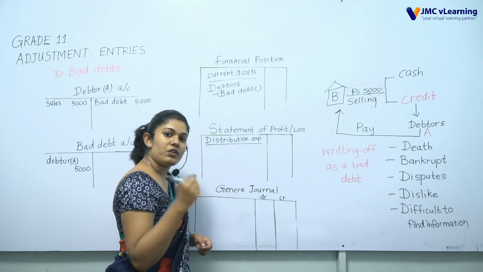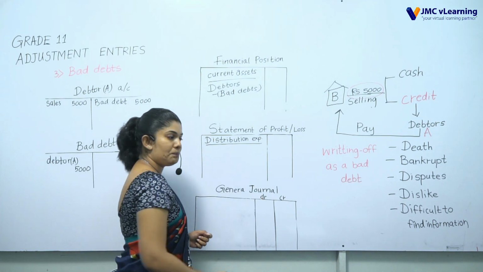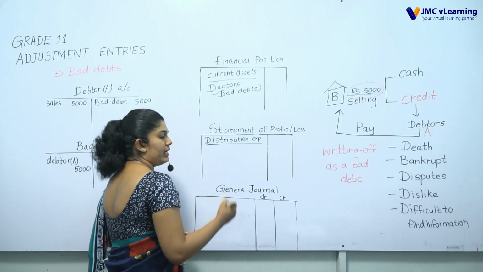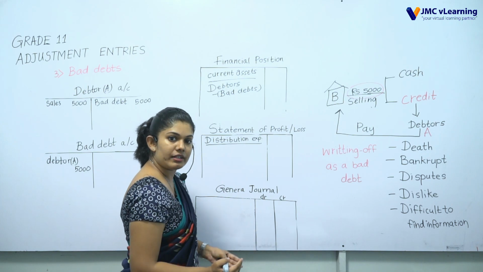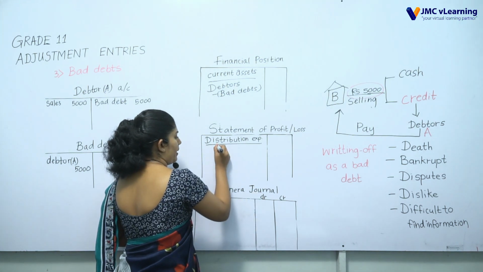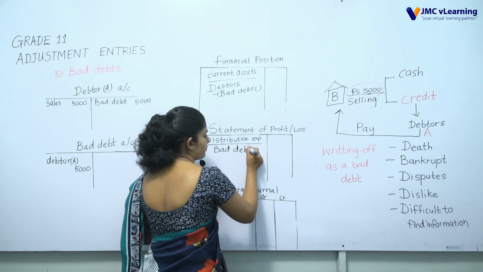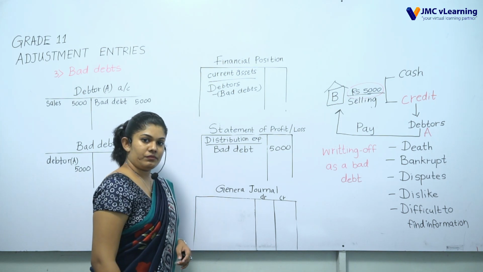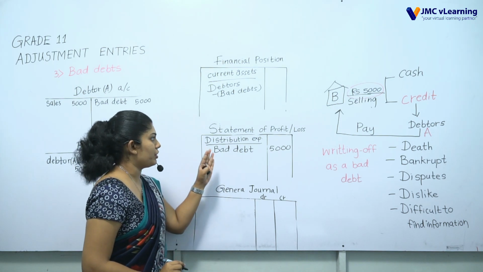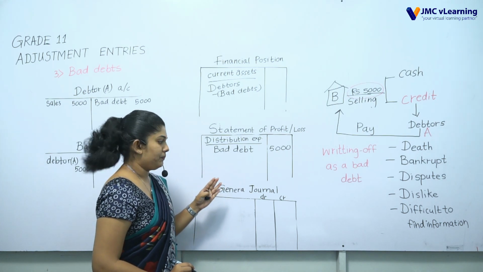The expenses relevant to sales activities are recorded under distribution. Therefore, bad debt is an expense which is generated as a result of the existence of a debtor. Therefore, bad debt 5,000, like that, under distribution, because it's relevant to selling and distribution.